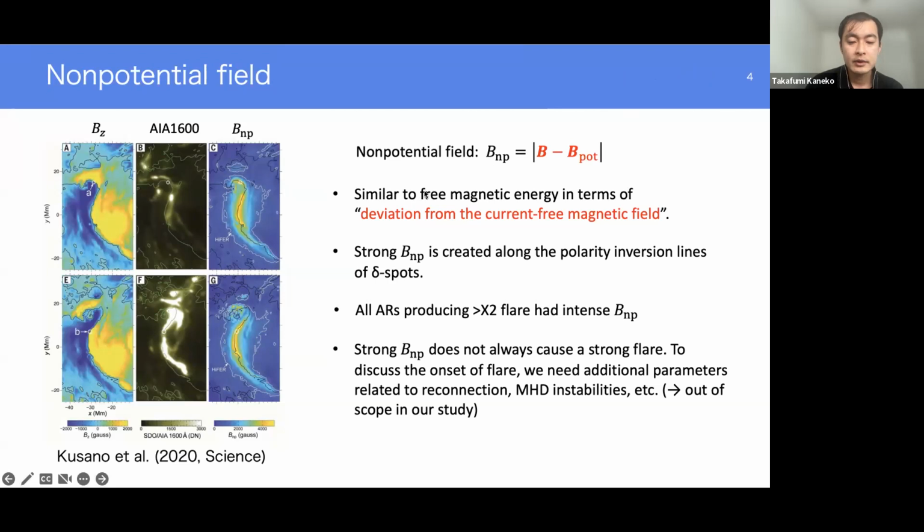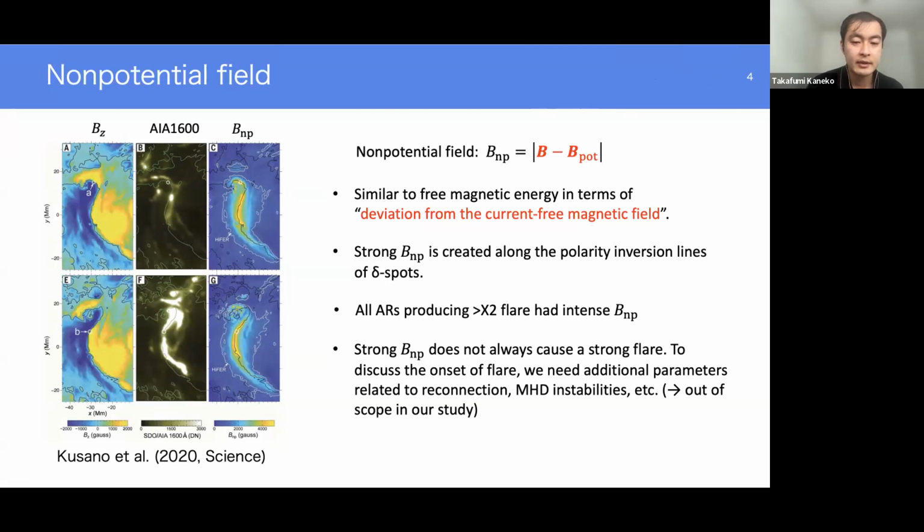And of course, we can say that strong non-potential field does exist before the large flare happens, but we can't say that if there is a strong non-potential field, a large flare always occurs.